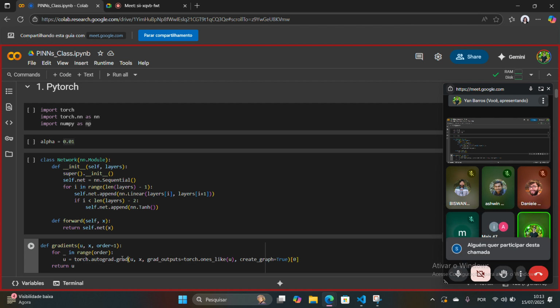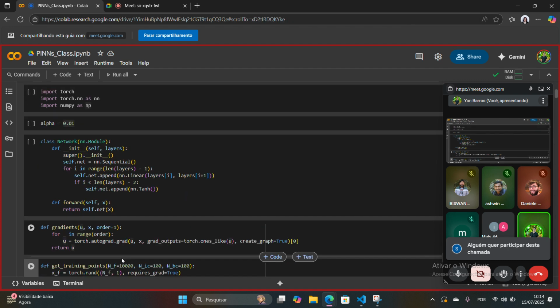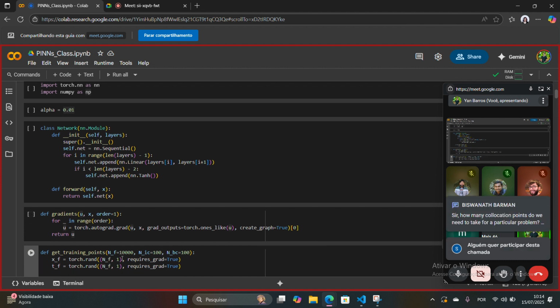So here is the way we calculate the derivatives of u with respect to x for each order of the PDE that we are calculating. I won't run this again because it took a little while, but I've already run this before, so I will show just the results.